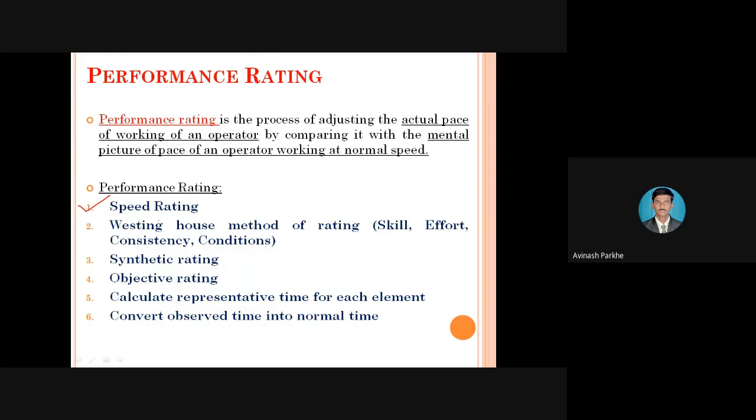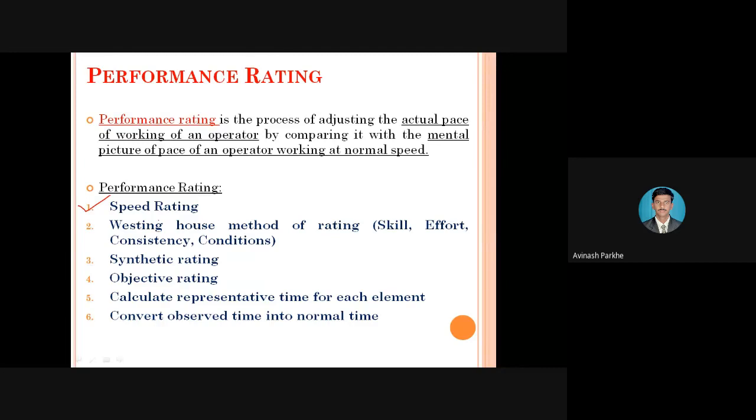Sometimes the speed of the operator is very high. He is completing his task within time, but at that time the surface finish of that object is not proper. So what is the requirement? You have to maintain a constant speed. In the morning you are performing one job, in the afternoon you are performing the same job, and again in the evening you are performing the same job. Therefore, your working speed should be the same in the morning session, the afternoon session, and the evening session.